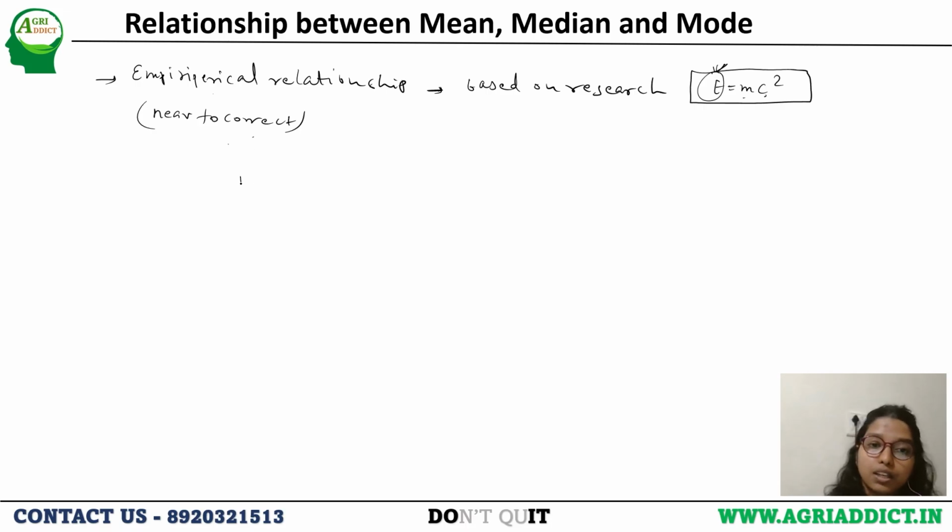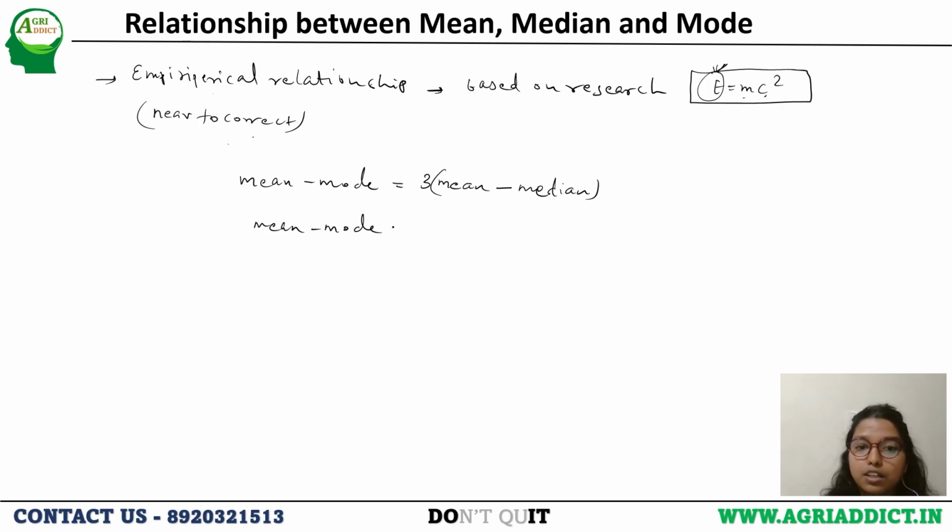Okay, now we'll be calculating that mean minus mode is equal to 3 into mean minus median. Now we'll transfer this mean here. First, we'll write it as it is: mean minus mode is equal to 3 mean minus 3 median.